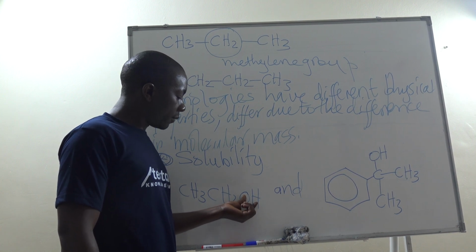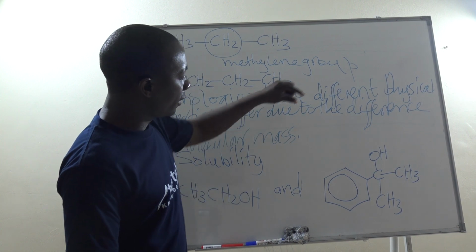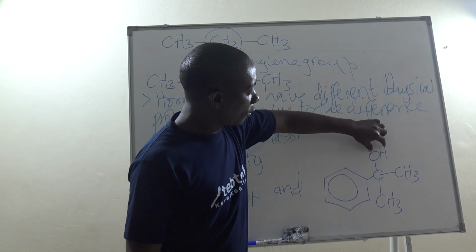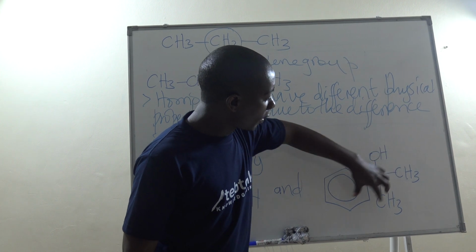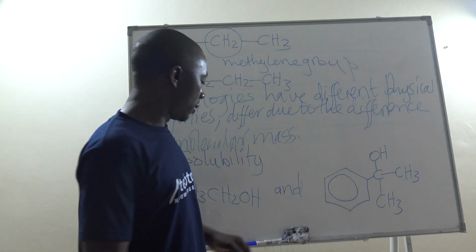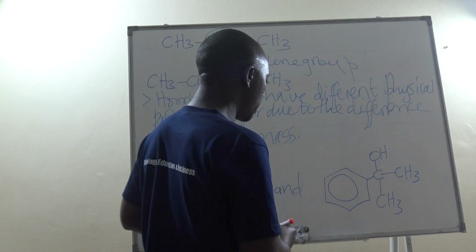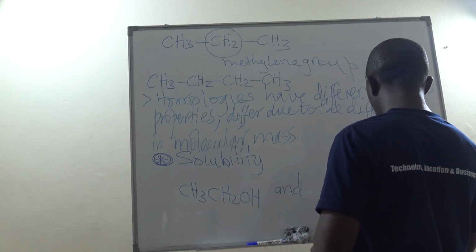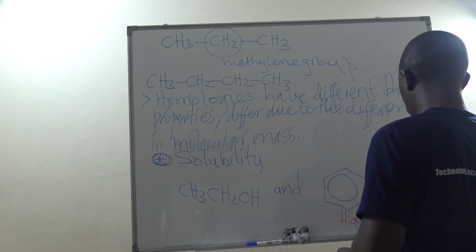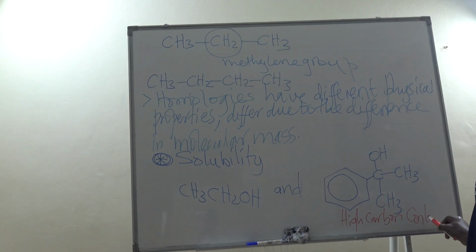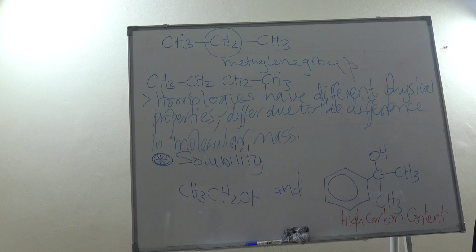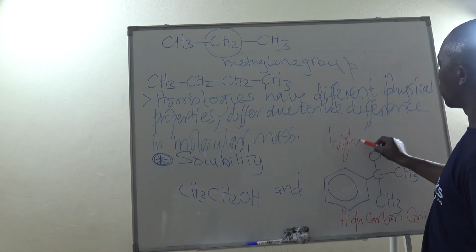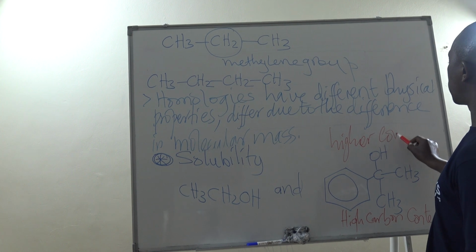This functional group is polar, and this functional group is also polar because they're the same. But this functional group is surrounded by a lot of carbon, so we can say this one has high carbon content. Now, the higher the carbon content, the higher the covalence.